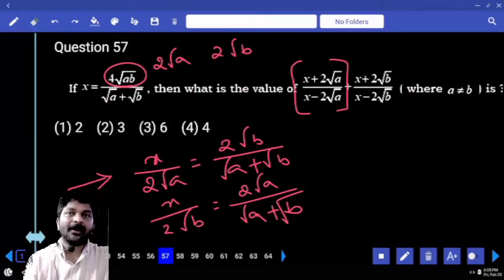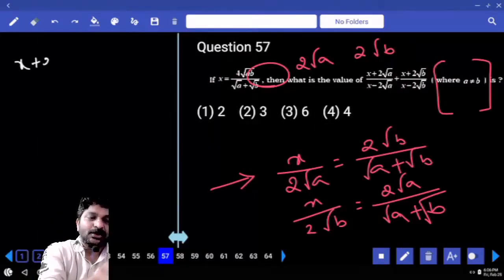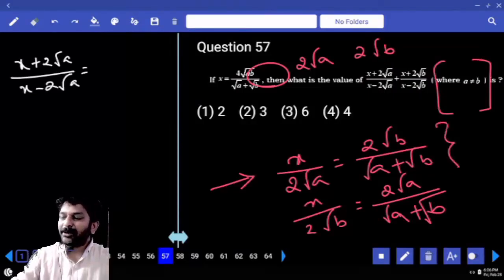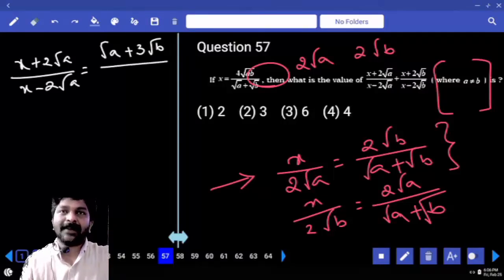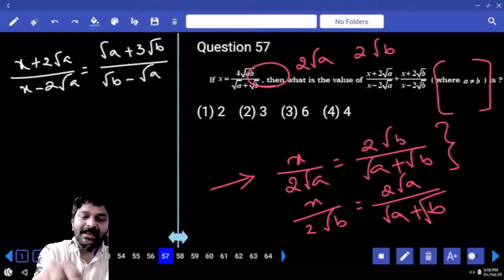So now let me directly write that step. x plus 2 root a by x minus 2 root a is equal to the sum of both numerator and denominator, root a plus 3 root b, by numerator minus denominator, that gives you root b minus root a.